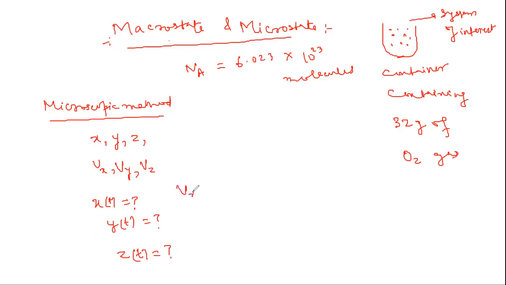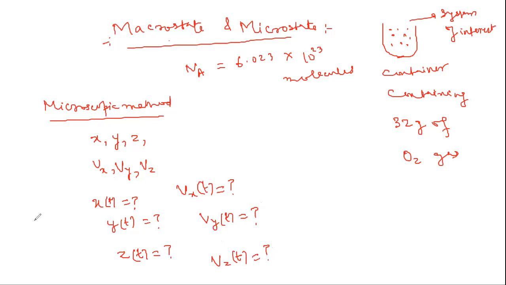You have to find Vx of t, which gives the dependence of velocity along the x axis on time. Then you have to find Vy of t and Vz of t. For that, you construct, using Newton's laws, the differential equation, knowing all the forces, using Newton's second law.